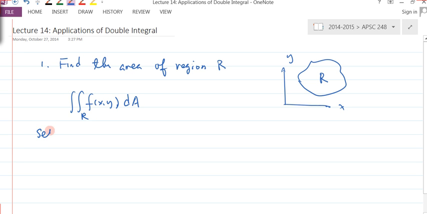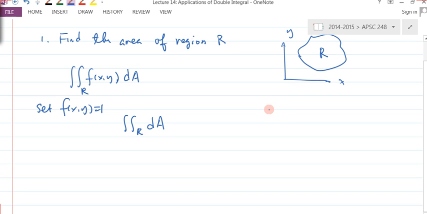Now if we set f of x,y equal to 1, then we end up with a double integral like this. In single variable, you know that the integration of dt is t. So basically, integrating 1, you get that variable.